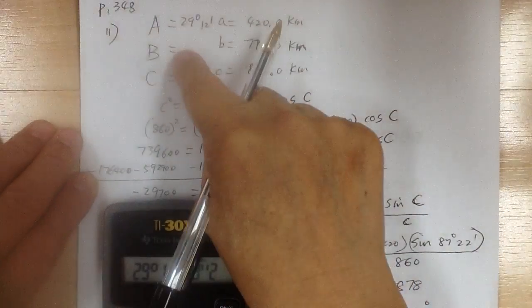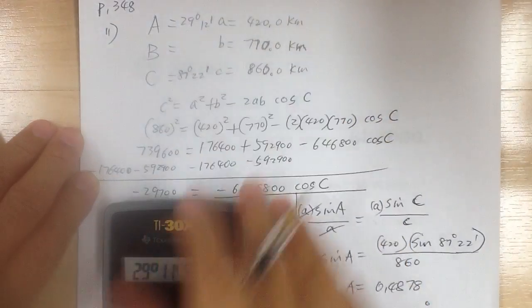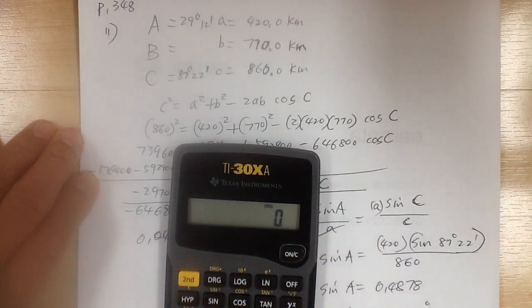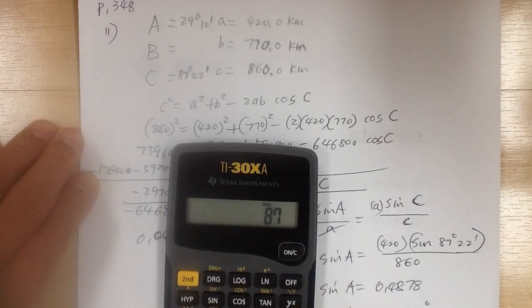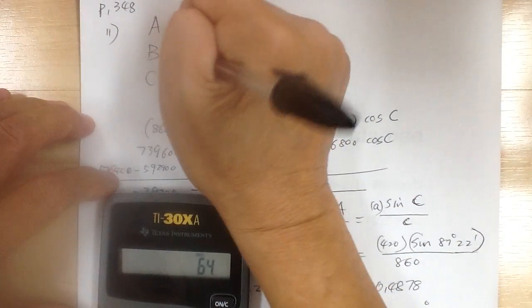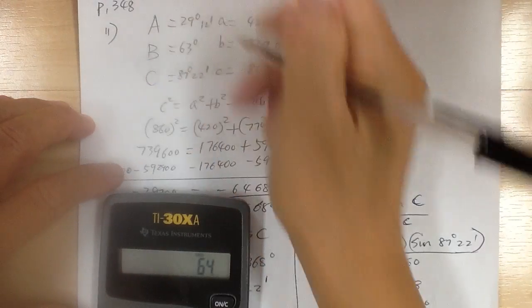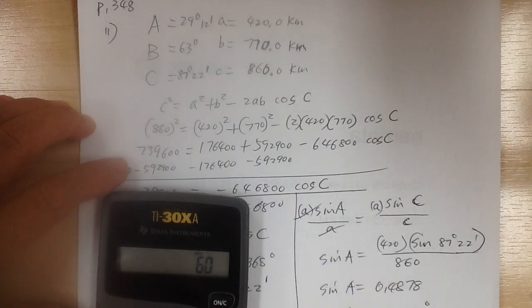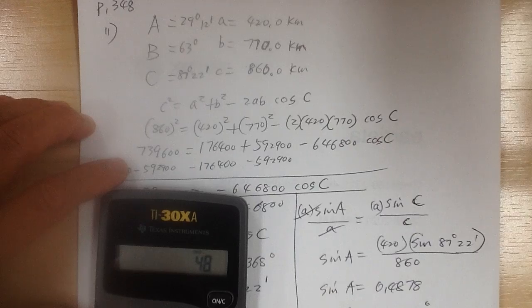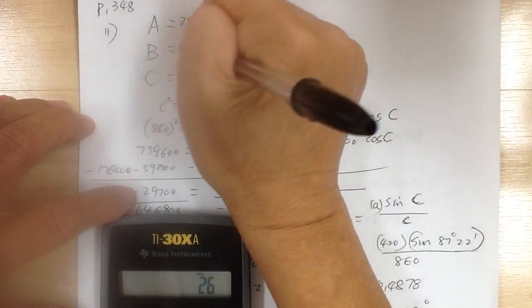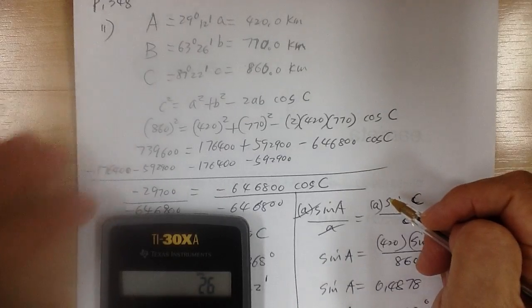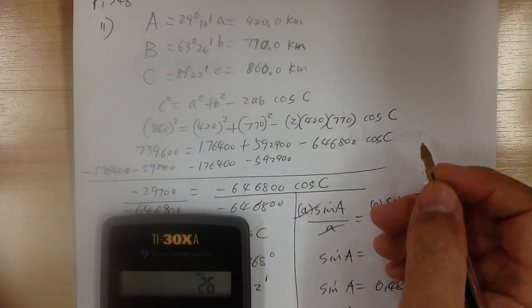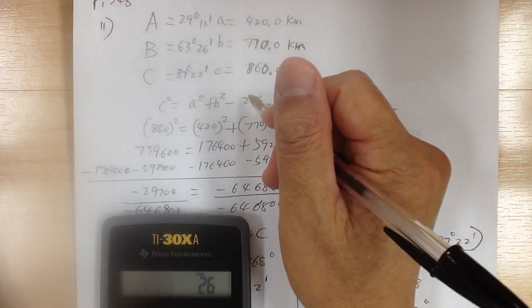Now I can find angle B. So use 180 minus that. 180 minus 29 minus 87 equals 64, so it'd be 63 degrees and 60 minutes minus 12 minus 22 equals 26 minutes. And just double check the answers. Yeah, okay.